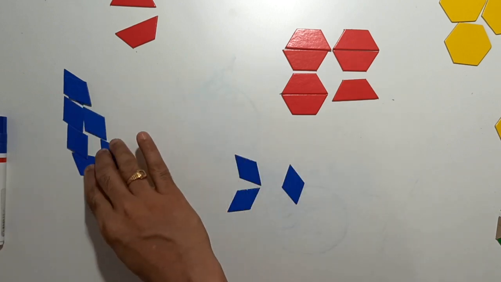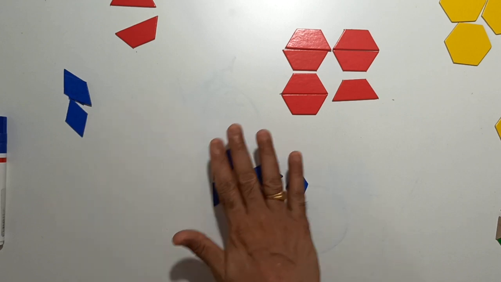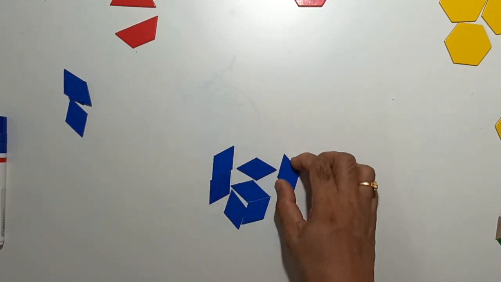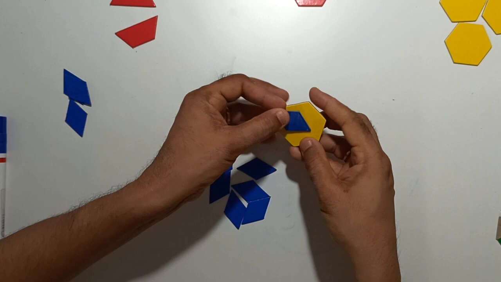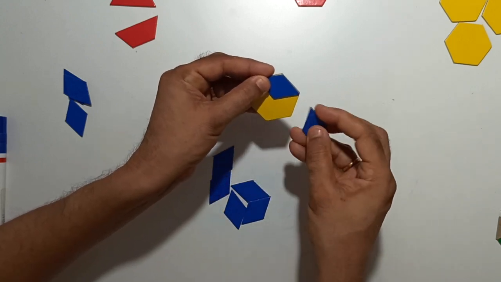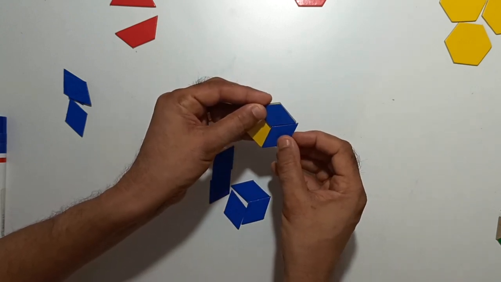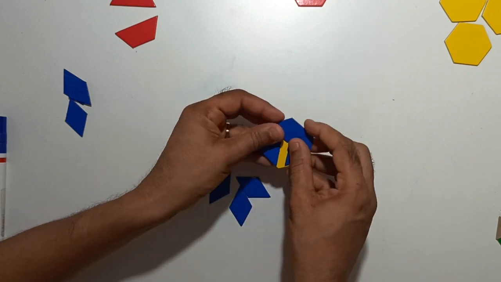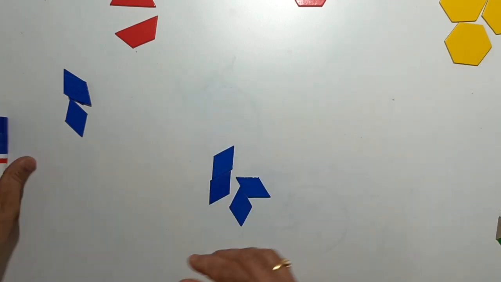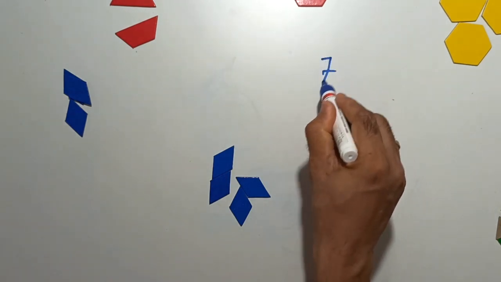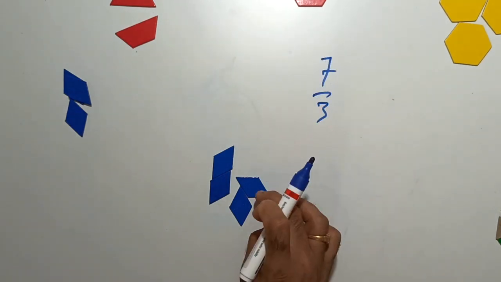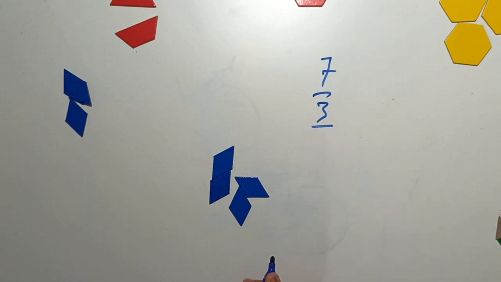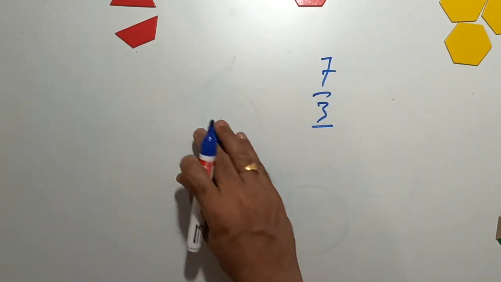So I've got 7 pieces here, and each of these pieces is 1/3 of the whole, right? If I place 3 of these pieces, it will look exactly like the whole. So when I take a fraction like 7 by 3, I've got the blue pieces which represent 3 parts in a whole, and I've got 7 pieces like this.